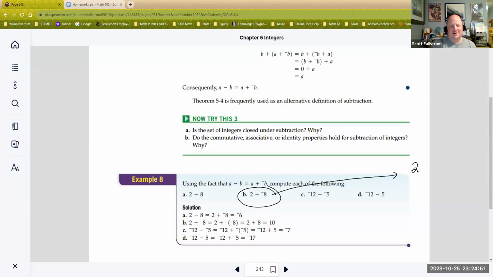Using what we talked about, subtraction is equal to adding the opposite. So 2 plus the opposite of -8, which means I really have 2 plus 8, which means I really have 10.